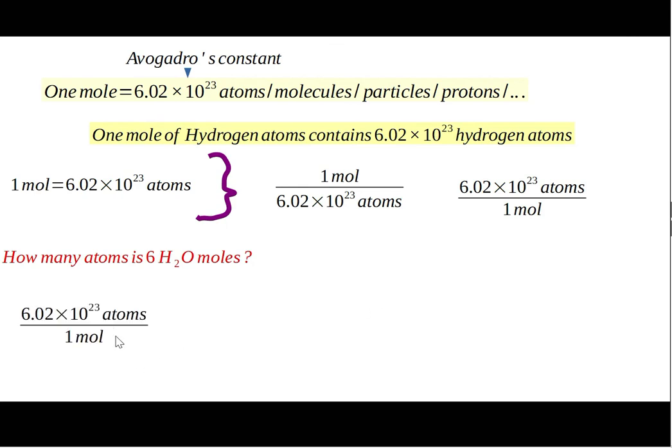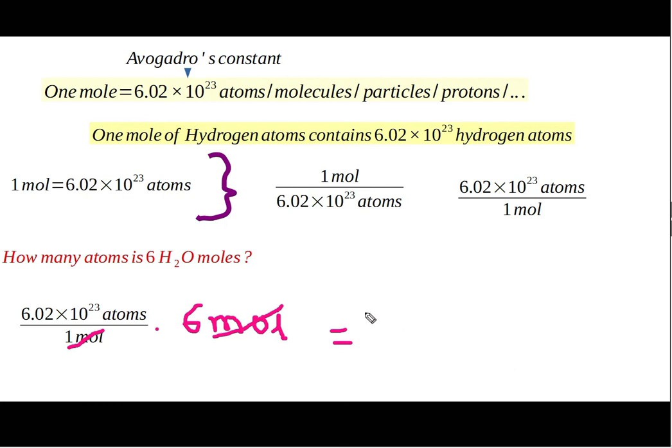So in the same light, I have moles here. Now I put my 6 here. I put times 6 moles. And the moles cancel out. Now we plug into our calculator 6 times 6.02 times 6. What did I get?